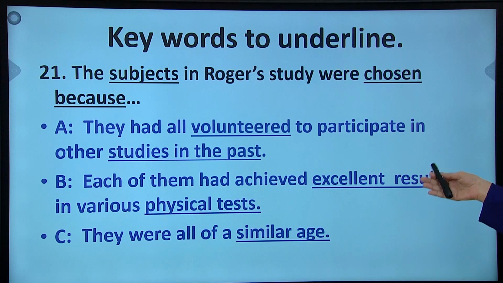That's the important, essential information in that sentence, okay? B, each of them had achieved excellent results in physical tests. Again, those are the key words, and I hope you got the same. And similar age, again, are the key words in C.